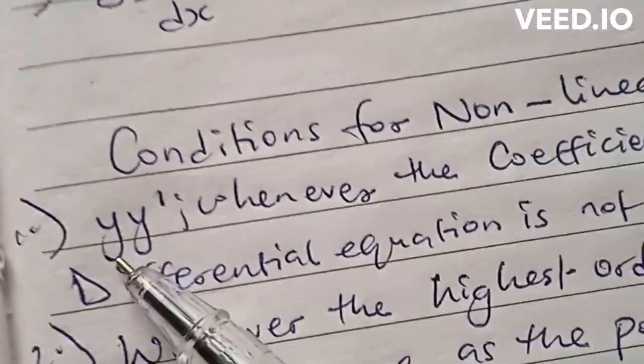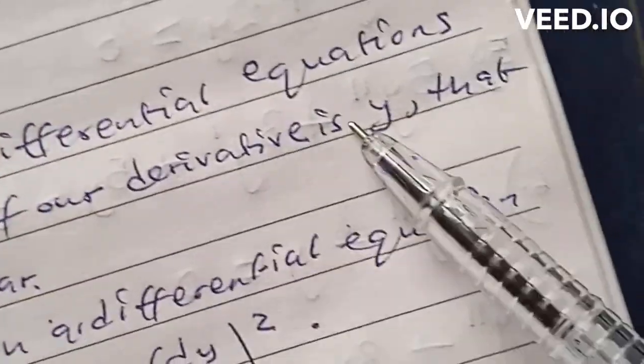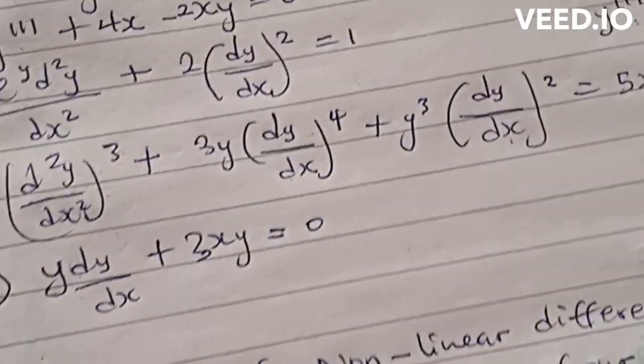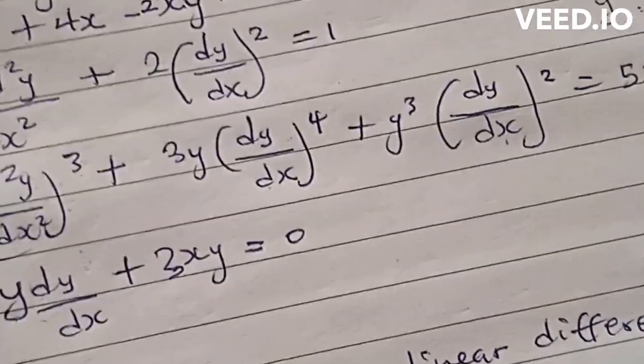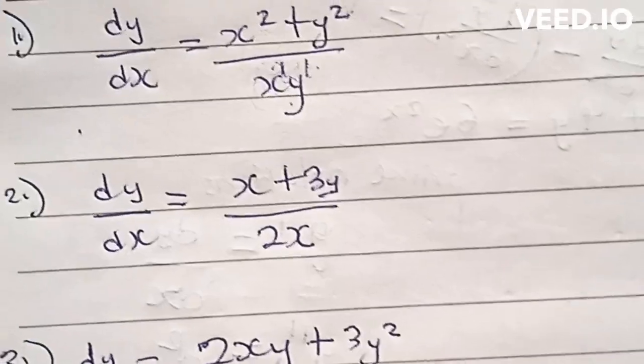One of the conditions is whenever the coefficient of our derivative is y, that differential equation is non-linear. Then we move over to how to identify a homogeneous equation and an autonomous or non-autonomous equation.